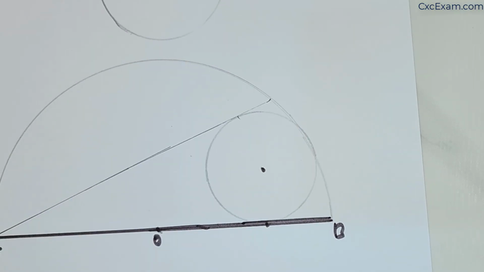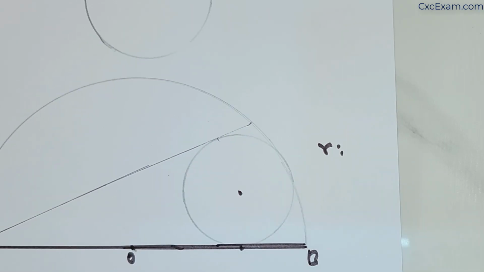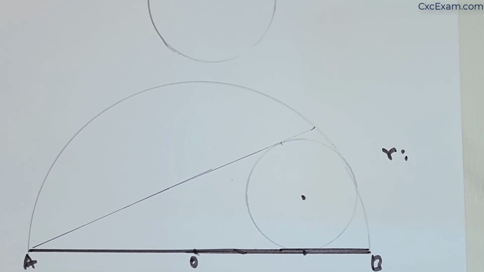So we are asked to find R, which is the radius of the small circle.